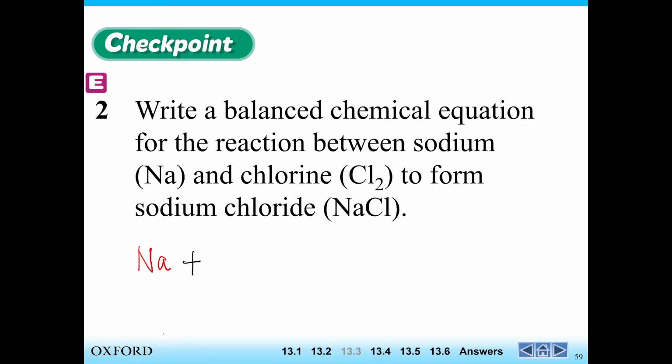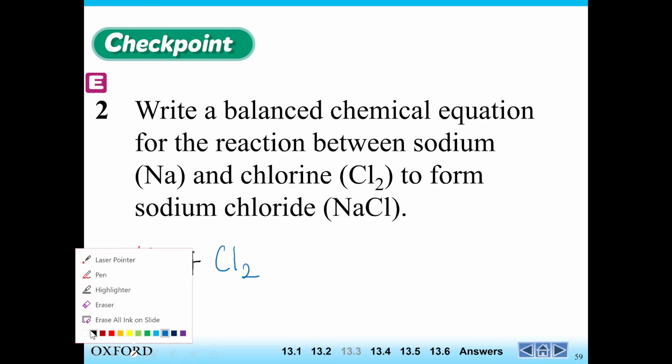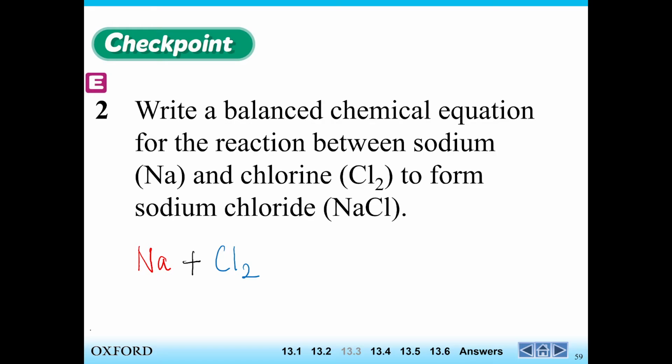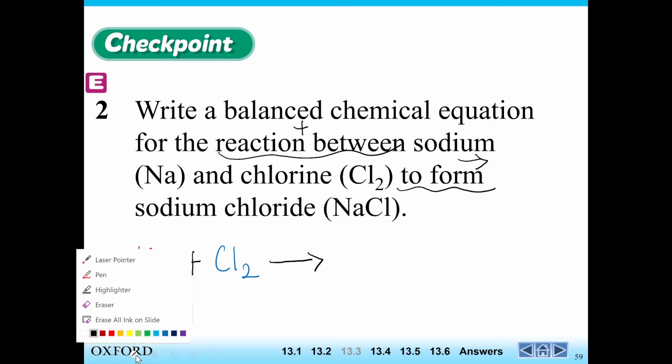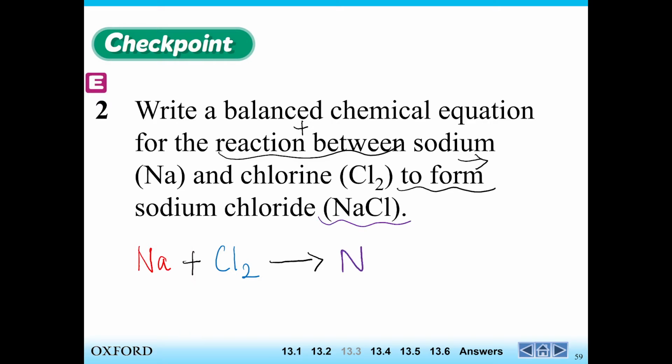Chlorine here, I'm going to use blue, is Cl2. To form, remember I told you you have to translate these words into chemical equations, so to form means the right arrow, the arrow facing the right side, and NaCl, perhaps I'll use purple. So NaCl.